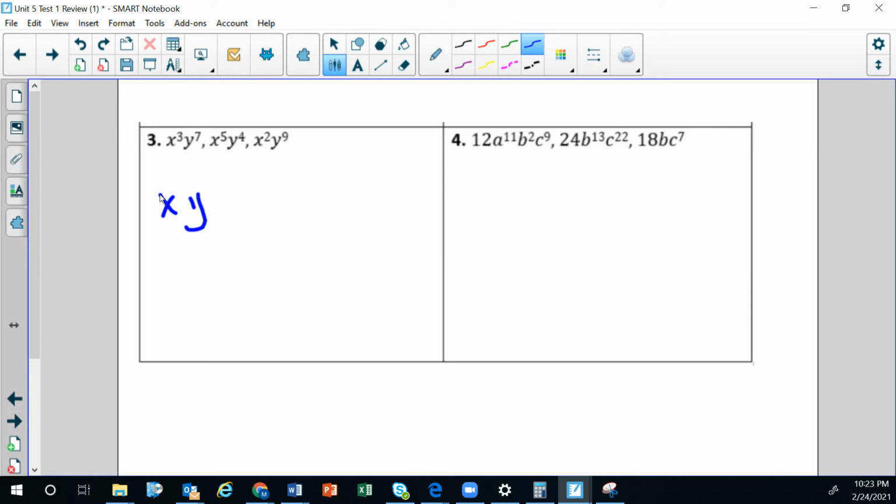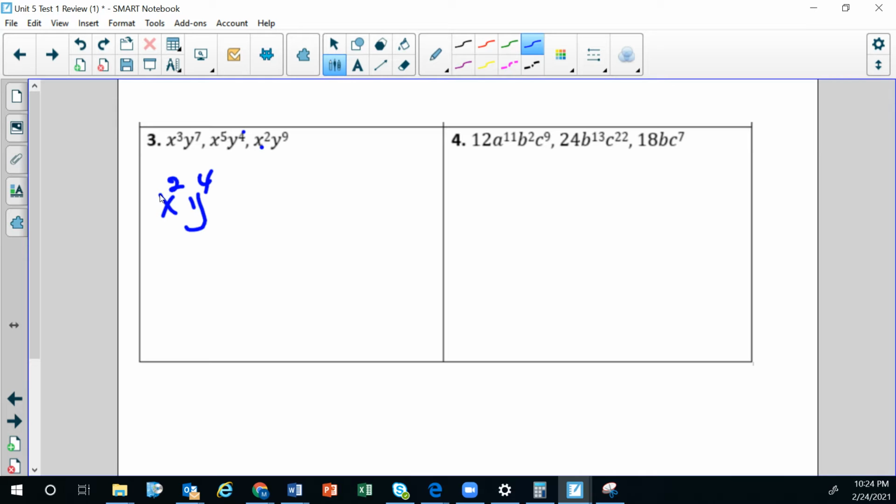For x, x squared is the lowest exponent, so I'm going to put a 2 right there. And for y, the lowest exponent is 4, so I'll put my 4 right there. That's how you do that. Again, look for the one with the lowest exponent.